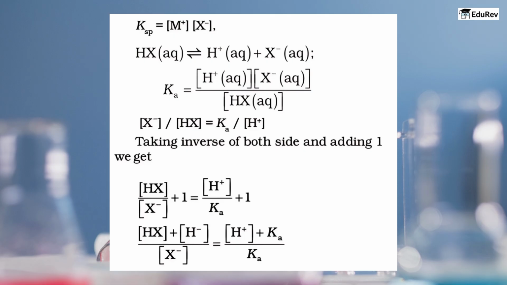Now take the inverse of both sides and add 1. We get concentration of HX divided by X minus plus 1 equals H plus divided by K plus 1. Now, combining terms, HX plus X minus divided by X minus equals H plus plus K divided by Ka.